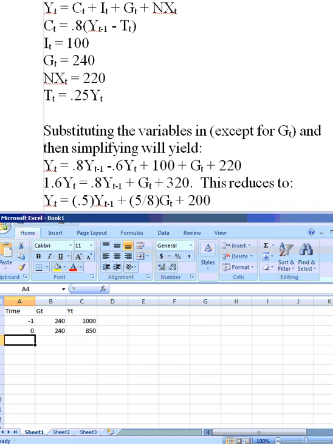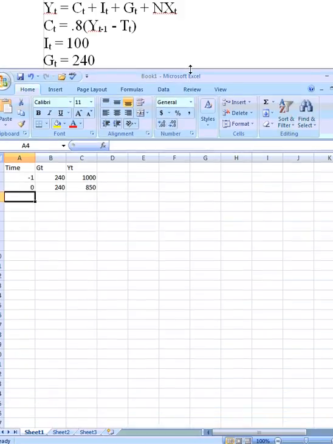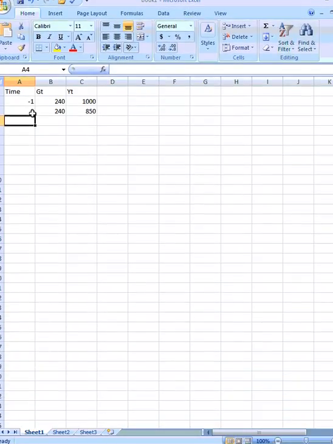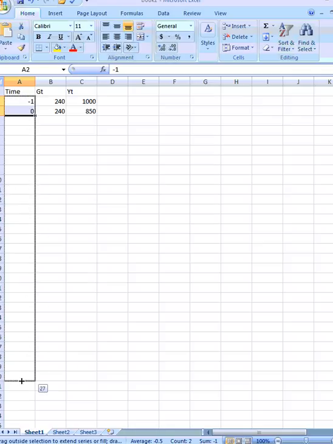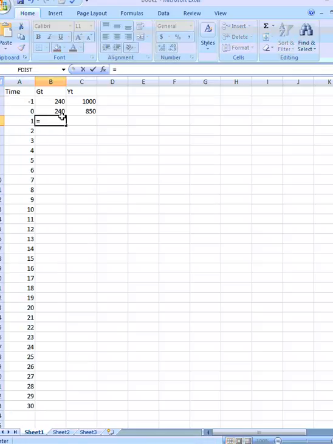We will then use this equation, and I made that too big. Let me just enlarge that. If we take these two, highlight that, and drag and click this down, it continues it. Here what I will do is say equals the previous number.